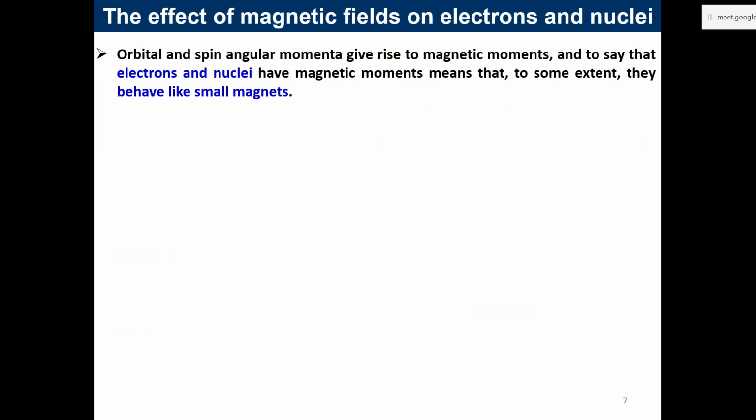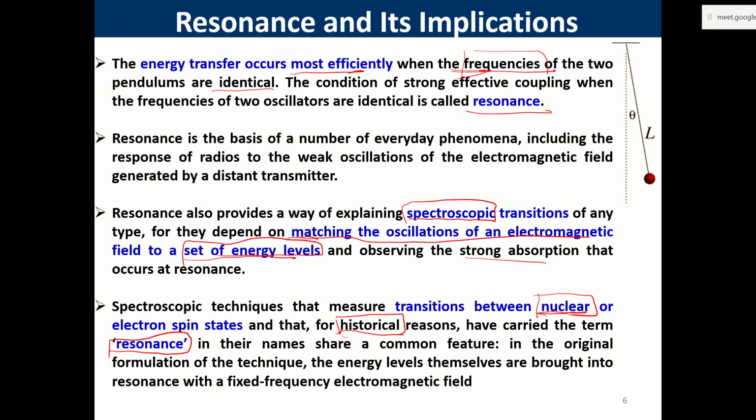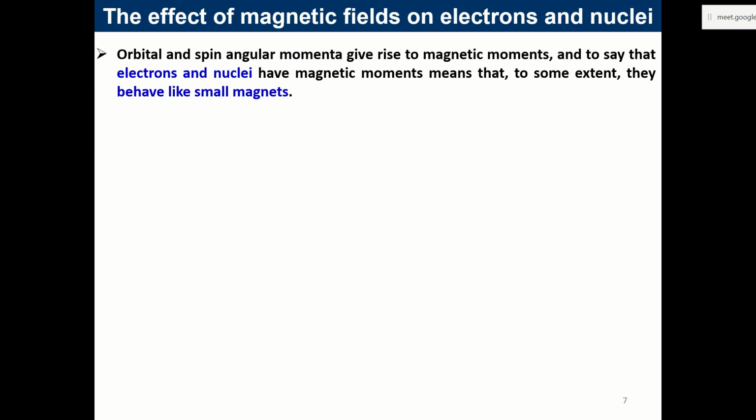You have energy levels, and then the difference of energy levels is brought into resonance with the fixed electromagnetic field. That is the formulation that has been used earlier and even now. The difference here is that now we have a magnetic field vector interacting with the magnetic spin and orbital momentum, wherever it is, the magnetic moment of the electron or protons or neutrons.